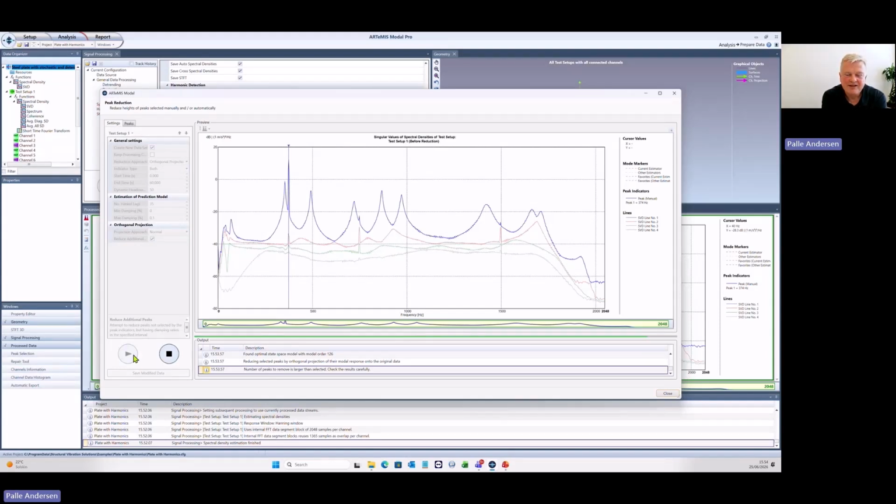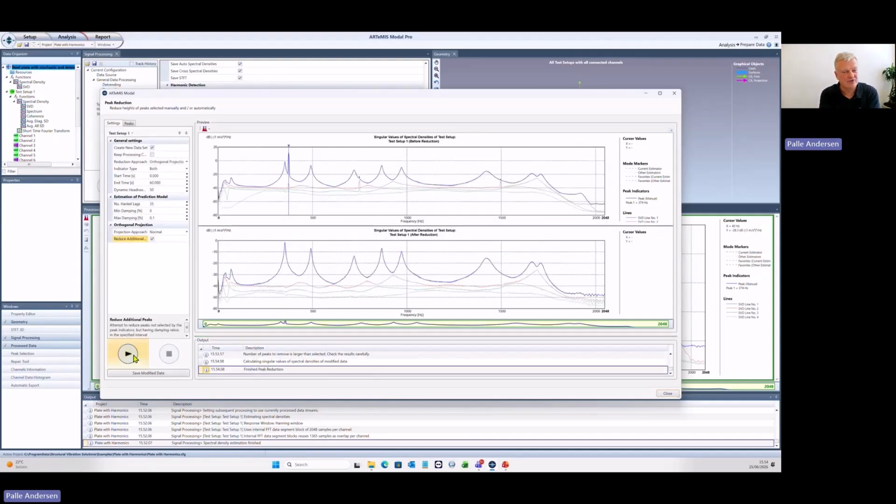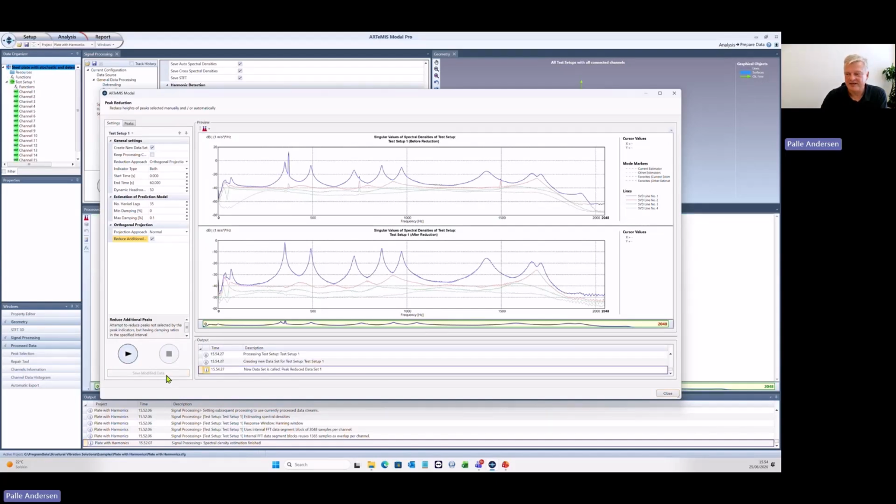And once we have that model determined, we can use it for this orthogonal projection I talked about. You can see the end result here: after reduction of the peaks, you cannot see these peaks anymore. They are simply gone from the data. The data is blind to them. It's not really a filter, because everything else is maintained, but these peaks are gone.